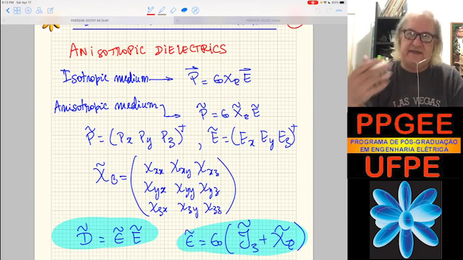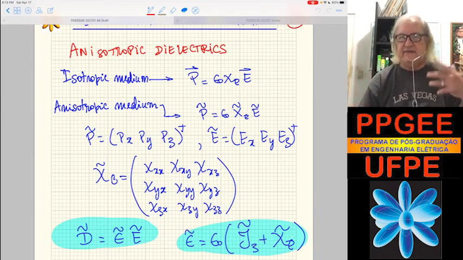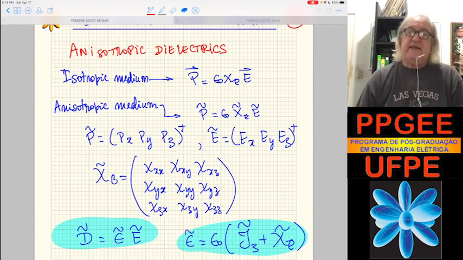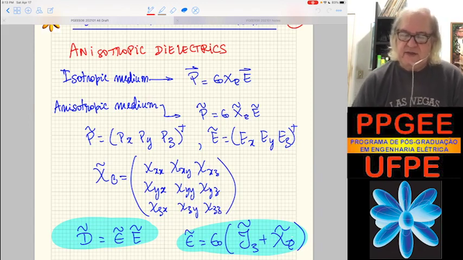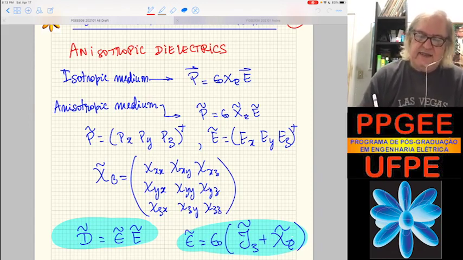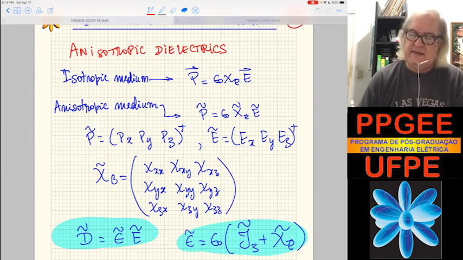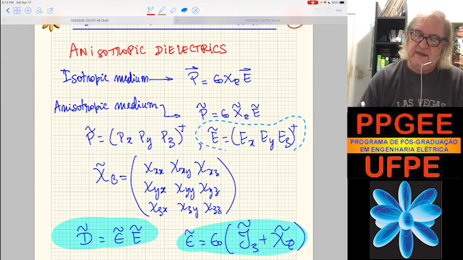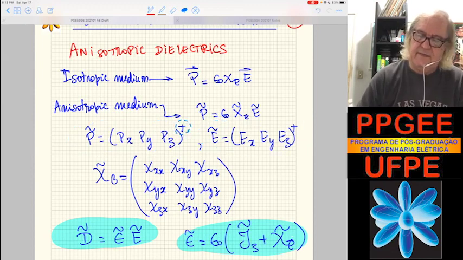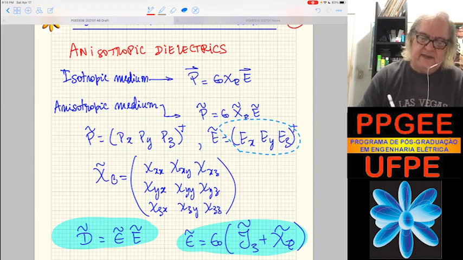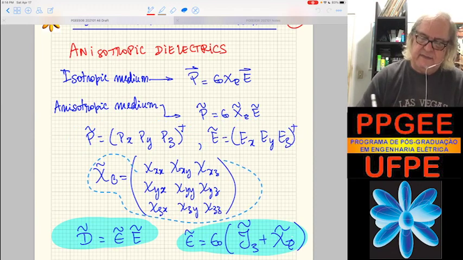In fact, they are classified as tensors because they have certain properties under coordinate transformations that put them in the group of tensors. So here is polarization represented as a column matrix, column vector, if you want. This is transposed, okay? So the relationship is a matrix like this.